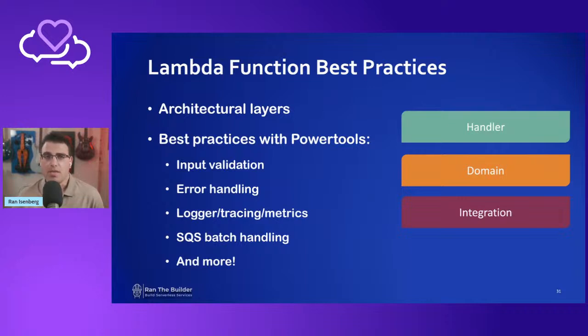And it's basically a set of utilities of best practices: input validation, error handling, logger, tracing, metrics, SQS batch handling, you name it, it's there. But again, it's important to show the new developers that are going to write new services how to do it. How do you write good code that uses all these practices and utilities? So again, you can see this example in the cookbook, in the blueprint that I wrote.